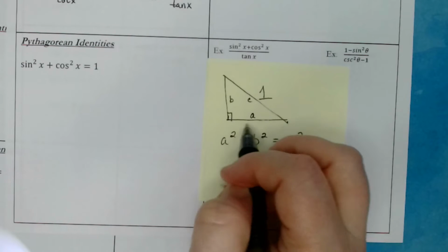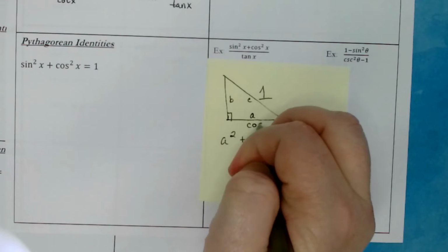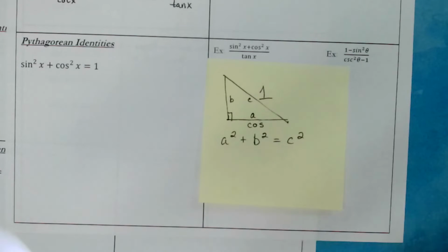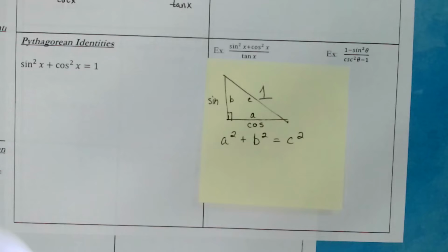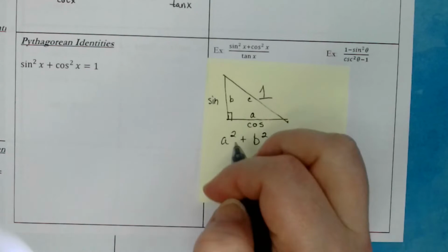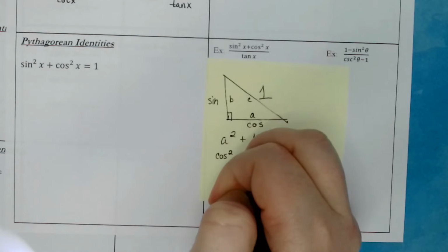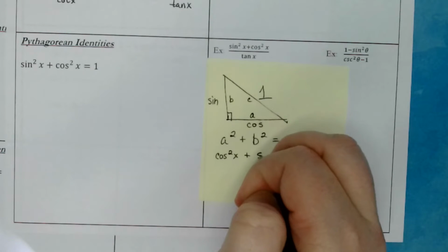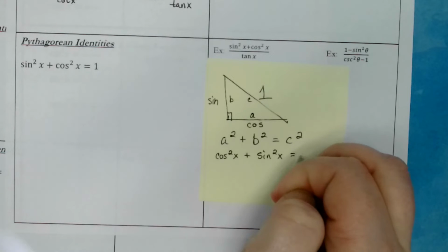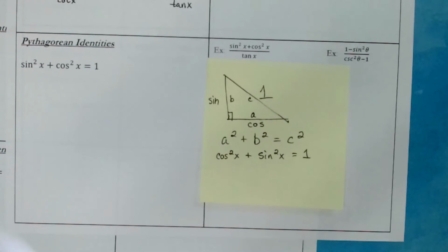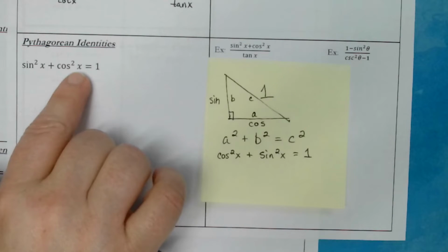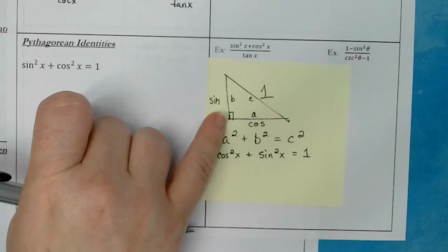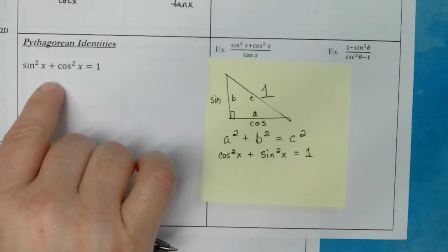My horizontal side, that's my x, was always cosine, and my vertical side, my y, is the sine. So let's plug it in. That means I have cosine squared x plus sine squared x equals 1 squared, which is just 1. So the Pythagorean identity, I can express a squared, b squared, c squared in terms of sine and cosine. This will also help me simplify.